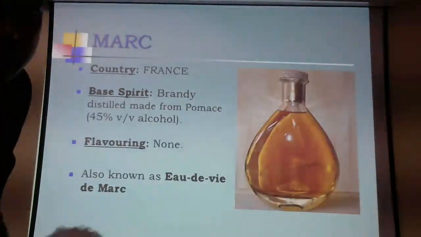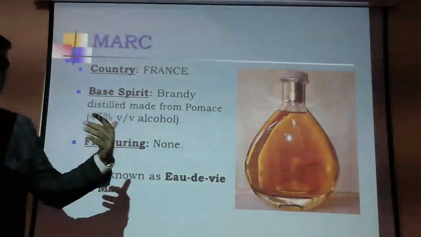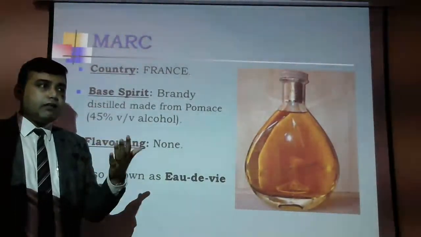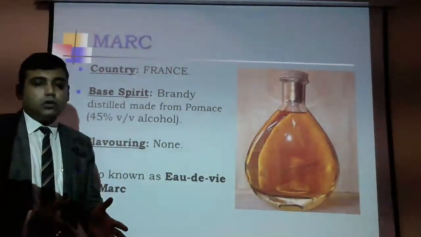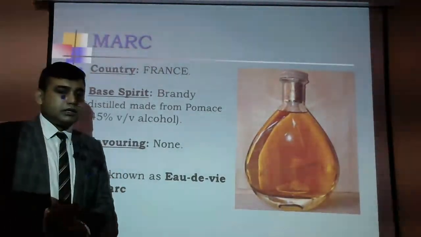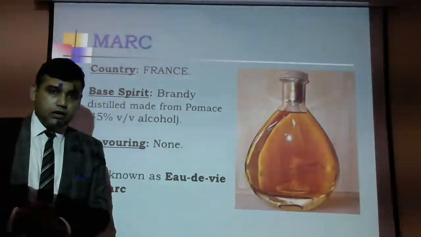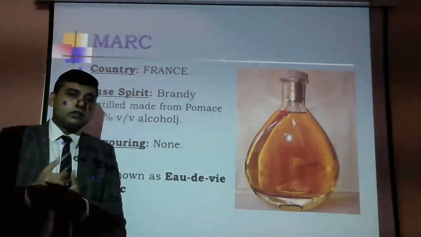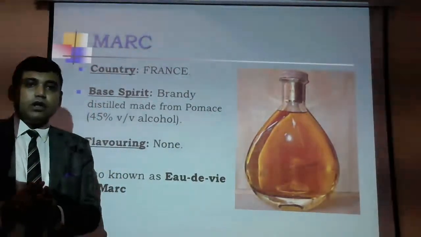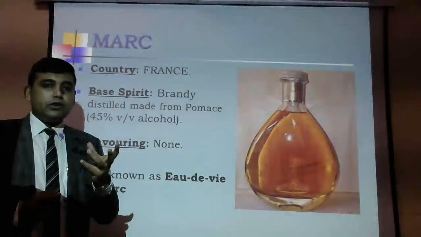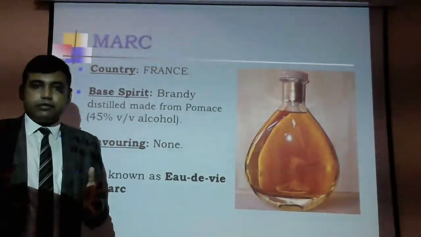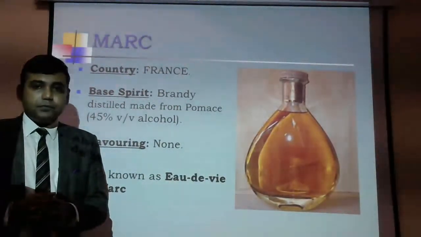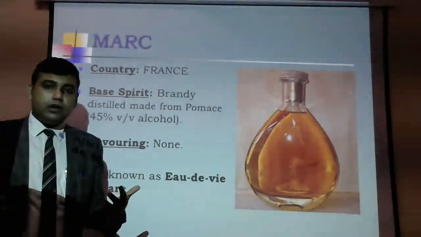Okay, next, the same drink is known as marc in France, and it is available in light to brown. The dark color of this marc is because it is matured in reused wine casks, which they use to add flavor, and the neutral ones are drunk young and unaged, and they serve before the meal.